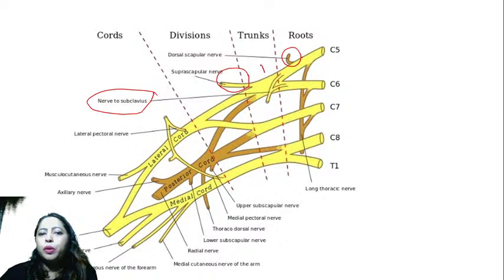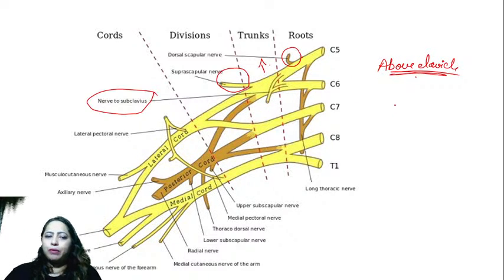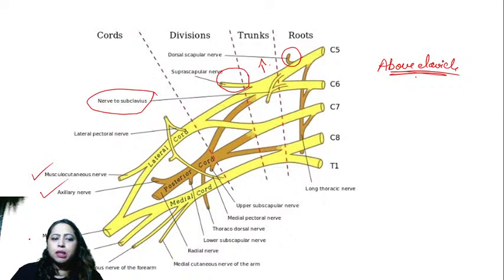The ones we are going in this direction, that is above the clavicle, are all supraclavicular branches. Below the clavicle are infraclavicular branches. Now this set of nerves that is here, they are all terminal branches.